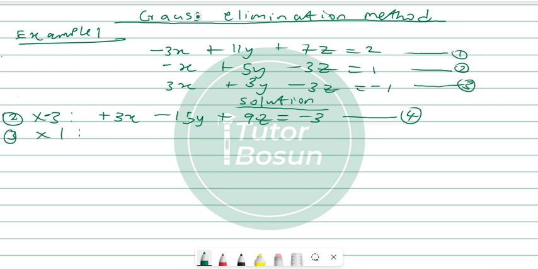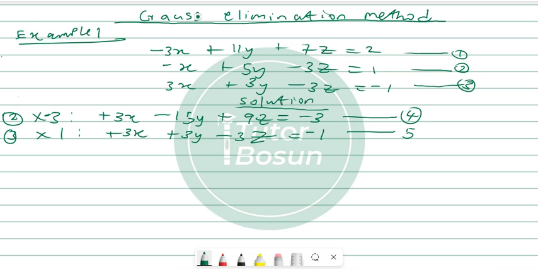So you have plus 3x plus 3y minus 3z equals minus 1. So let's call this equation 5.